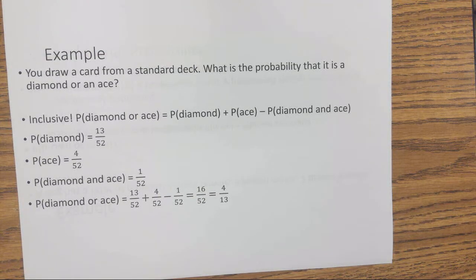So then when I go through and do my addition, plugging every piece in, 13 over 52 plus 4 over 52 minus 1 out of 52 is 16 out of 52, or 4 out of 13.